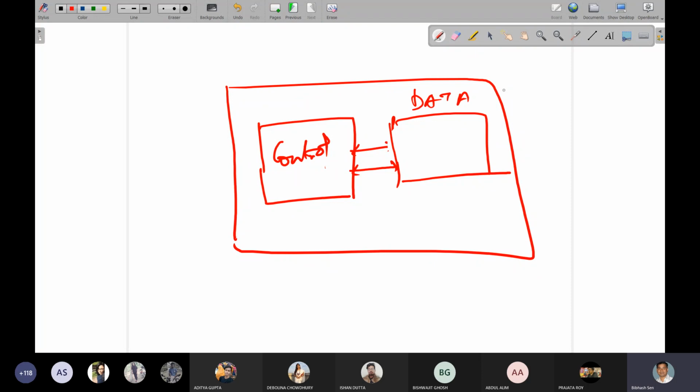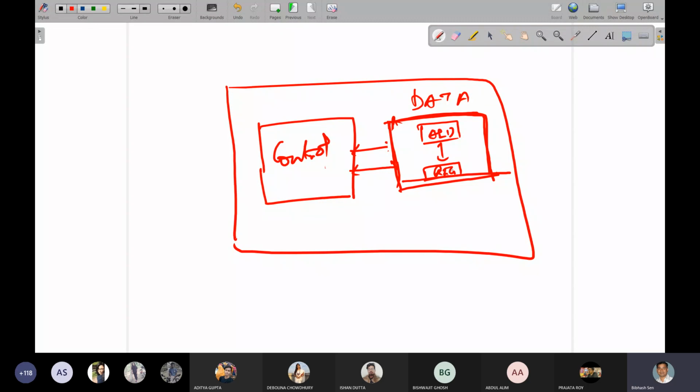The data path consists of what? Basically you take the ALU and some combination of registers. Am I correct or wrong? This is nothing but our ALU, and there can be a scratch pad inside it, or maybe some registers, big general purpose registers, or you will find some programmable registers. That is my part for the data path.